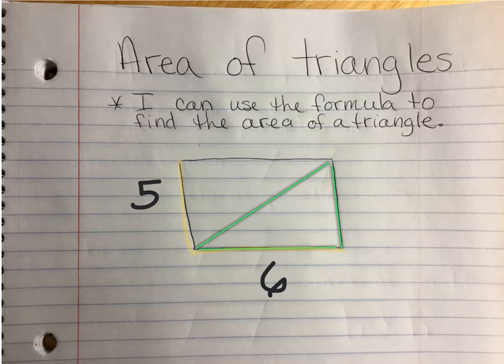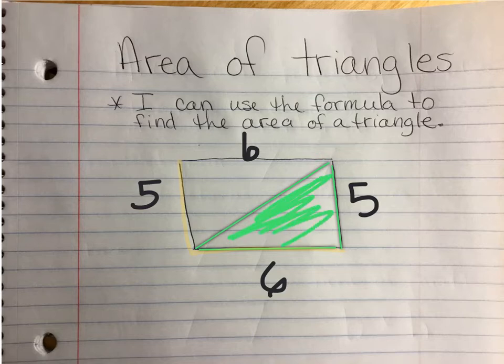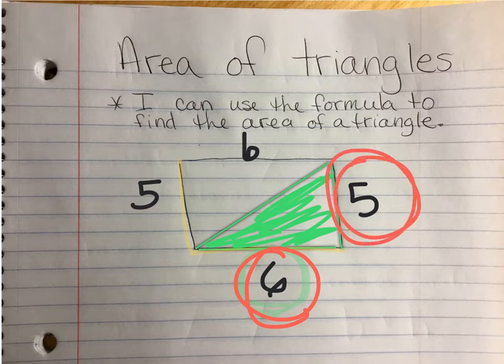Look. On this side there would have been a 5 as well, a 6 up here, just like in the rectangle if there was a rectangle. But I only want the space in here. So I'm going to take my 6 from down here and my 5 from over here, and I'm going to multiply them.